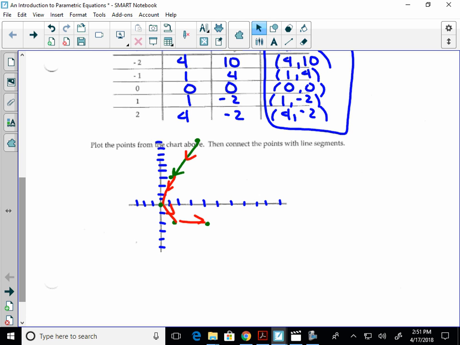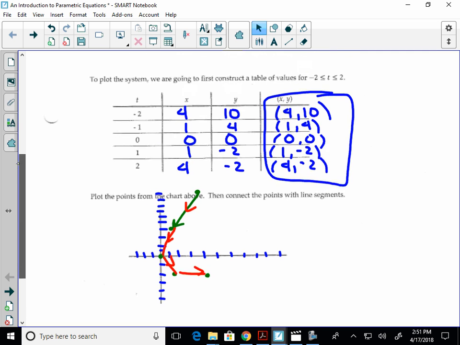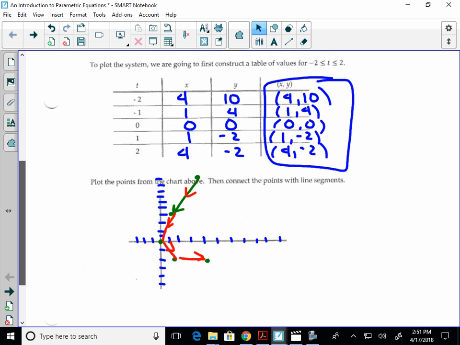Your smallest T-value is -2, so we're going to use -2. Really what happens here is instead of X being my domain, T is now my domain. And I'm going to 2. The T-step, I want you to experiment with that because I want you to see what happens.